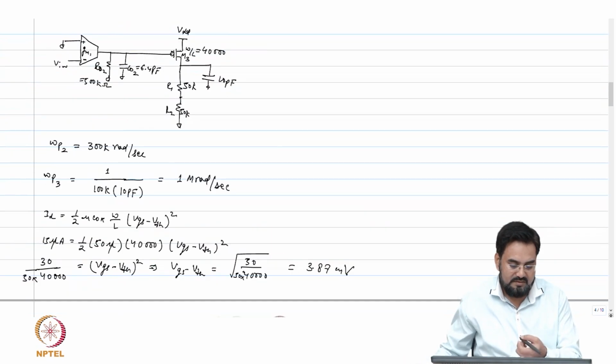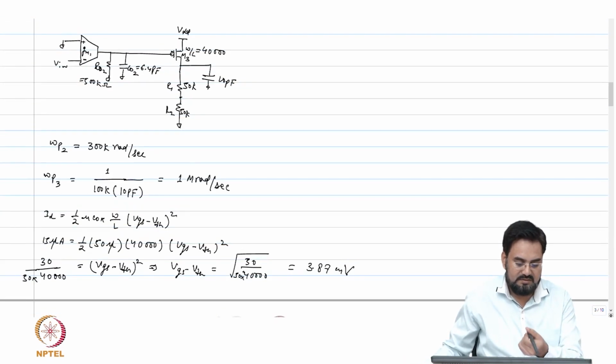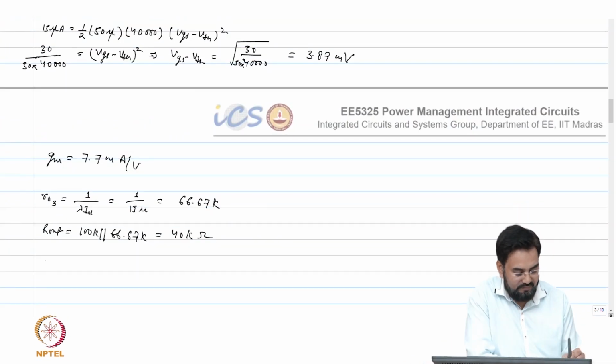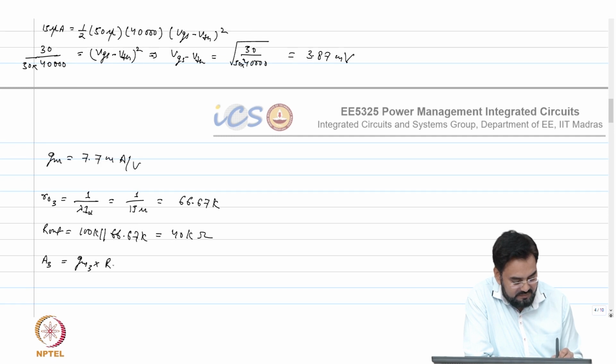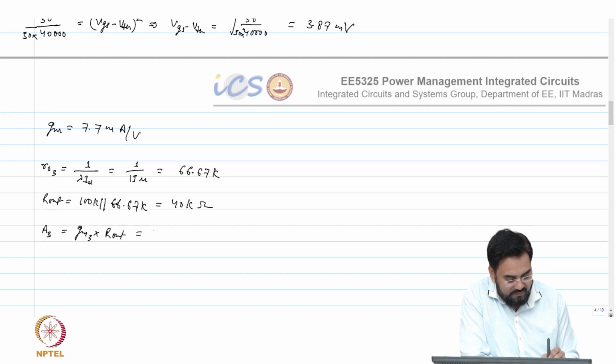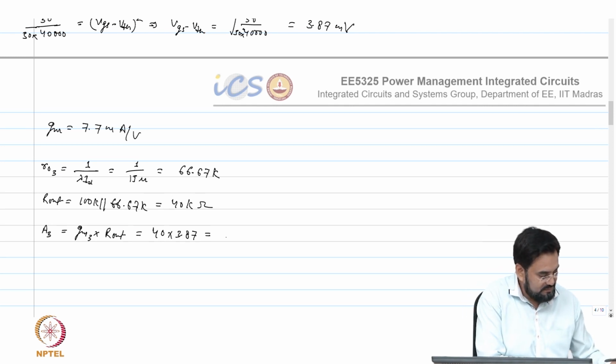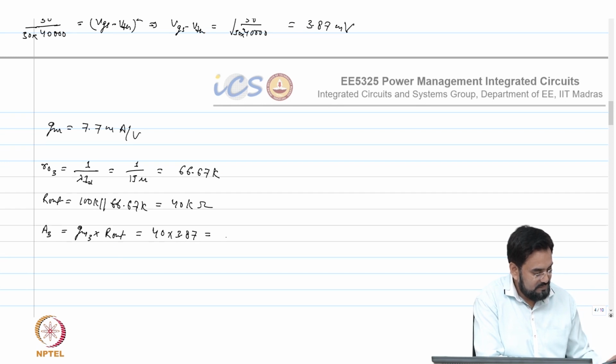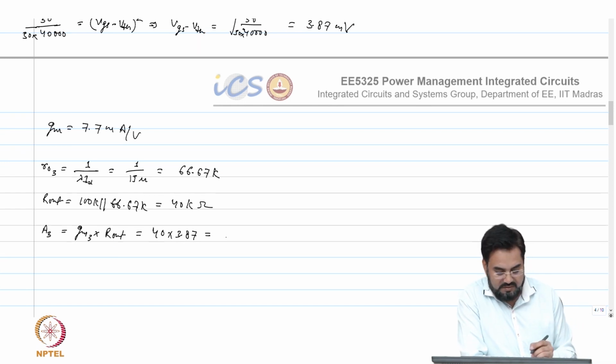So the gain of your output stage, let's say I call it A3, is gm3 into R out. 40 into 3.87... 40 into 7.7.